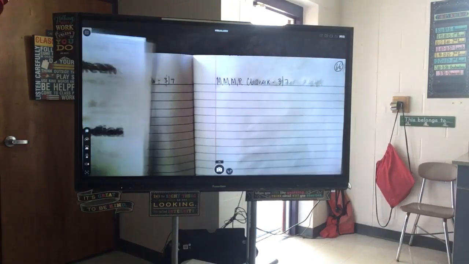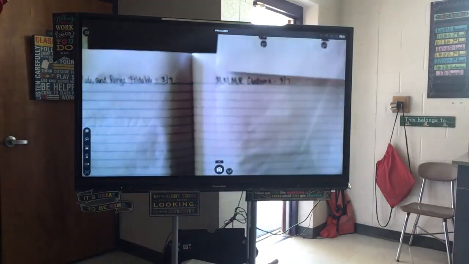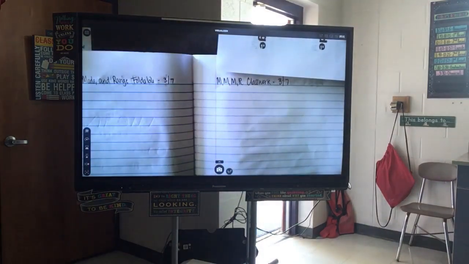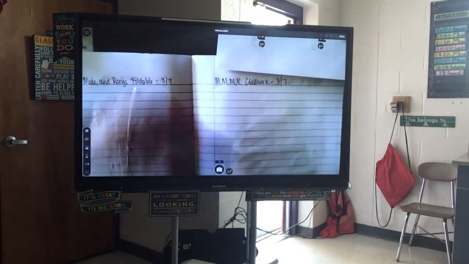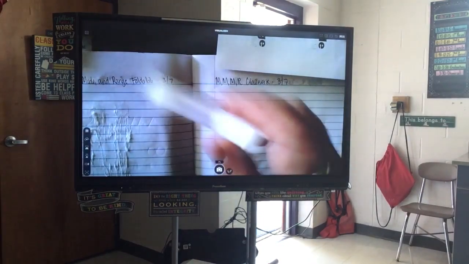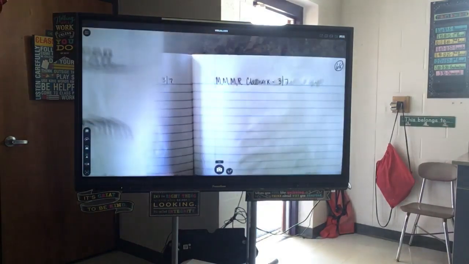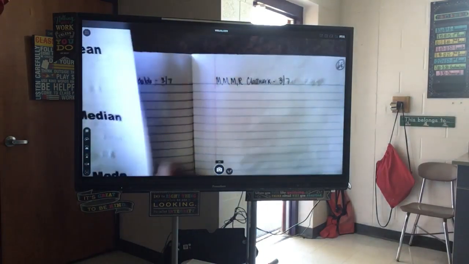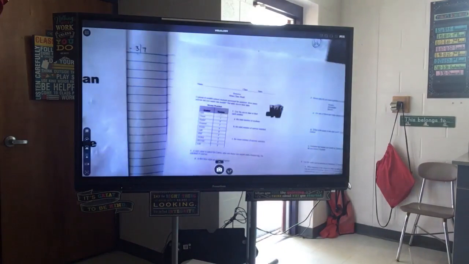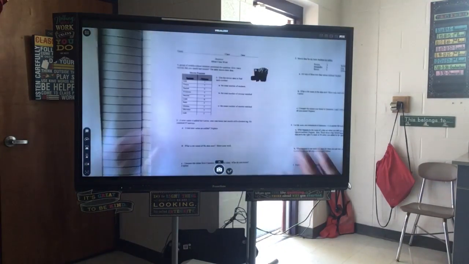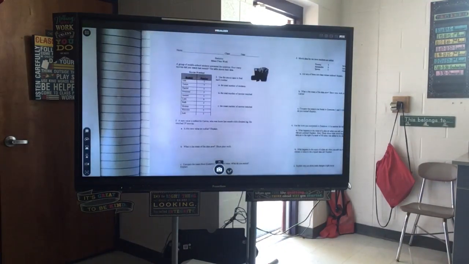All right, so now we are going to move on to the classwork. You are going to need a pen, marker, highlighter, something, because these are word problems, and you are going to have to annotate.